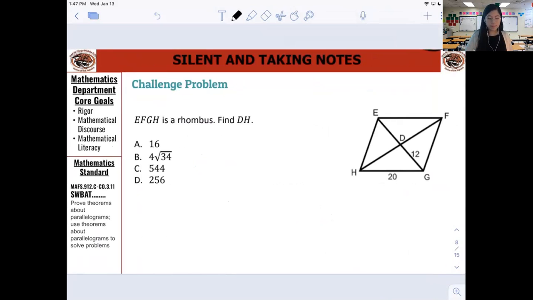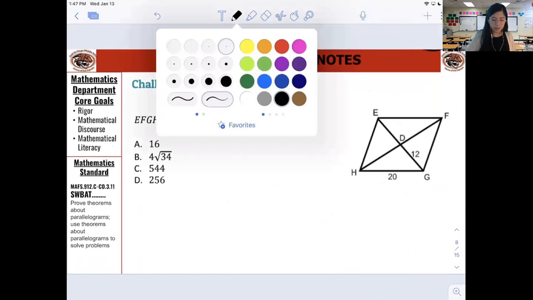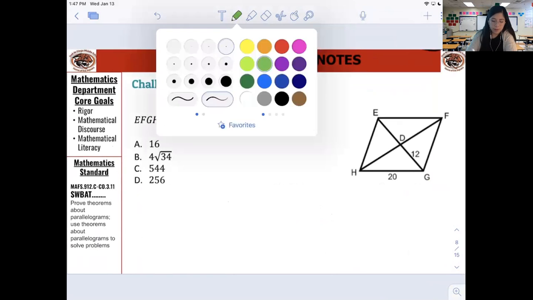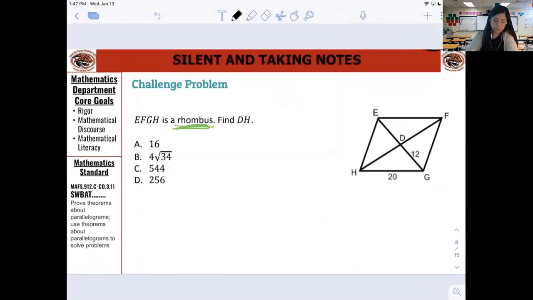It's a different problem. So this one's a rhombus. Rhombus. Okay. Let's list some things we know about rhombuses. What do we know?